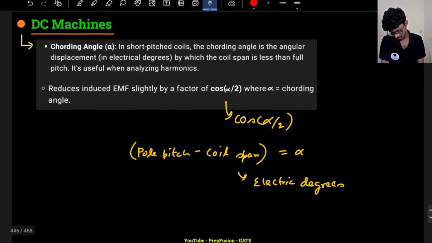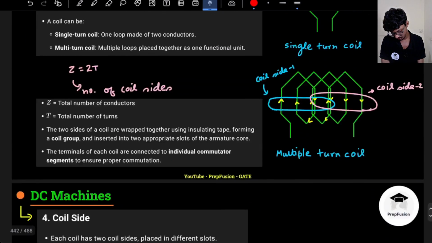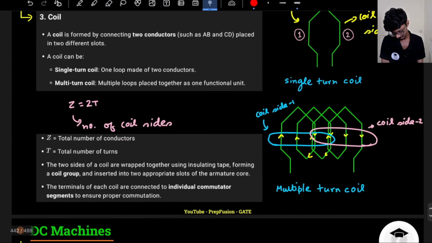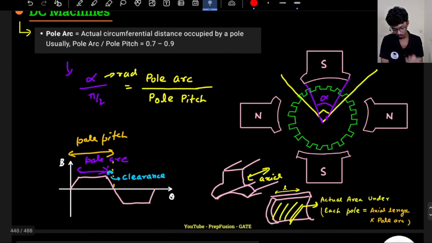So let's discuss this. Where did I go? Here, pole arc. First of all, what is pole arc? Pole arc is basically the actual circumferential distance occupied by a pole.